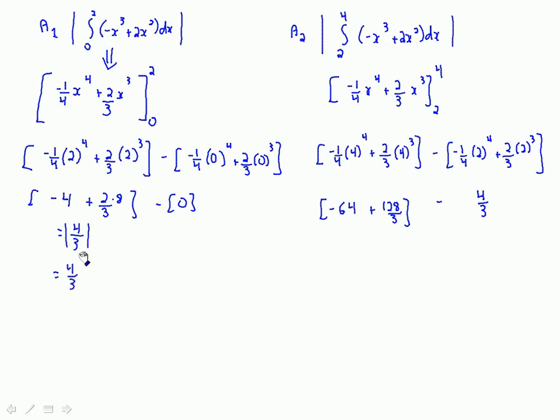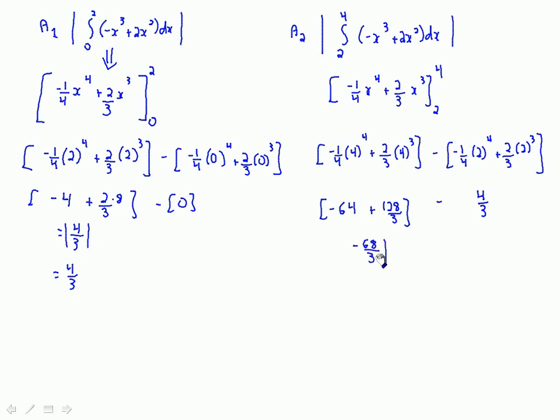Not an issue in that first one, but here it does matter. So negative 64 plus 128 divided by 3, and then minus 4 divided by 3. And when you keep it in fractional form, it becomes negative 68 over 3.